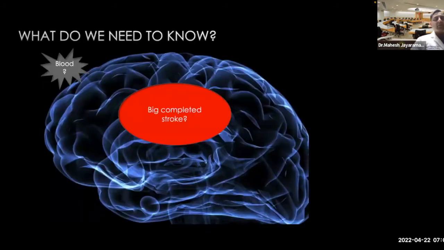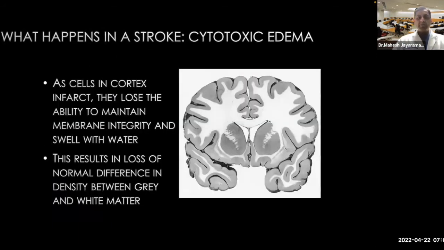The next thing we want to know is, has there been a large area of completed stroke? In other words, tissue that has already infarcted. So when we think about this, what happens in a stroke? Once the cortex has infarcted, the cells in that cortex lose the ability to maintain membrane integrity and they swell with water.